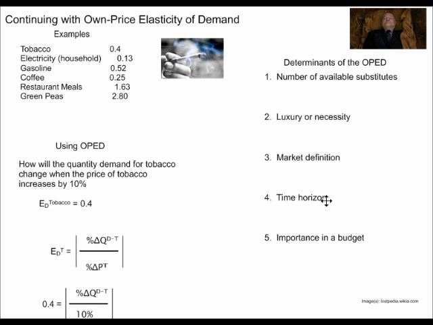The more planning you have in general, the more elastic the demand for a product will be. The more short-term our product is, the shorter our time horizon, in essence, you don't have as many substitutes if you don't have as much time. Makes sense that that's a more inelastic measure. And this last category, importance to budget, that's a debated one between economists, but some people make the argument that the smaller the importance in the budget, what do you think that makes it, more elastic or inelastic?